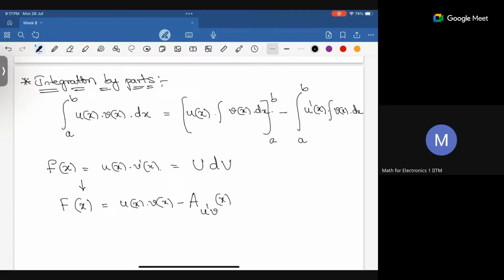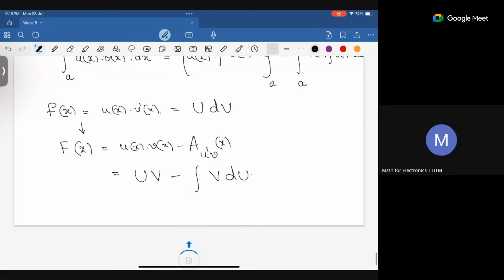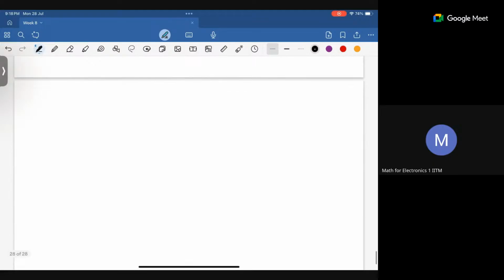You compute F prime of x, and you will end up getting f of x. So you can write this as u v minus the integral of u prime is du, and v, so v du. Okay, so this came from the product rule.